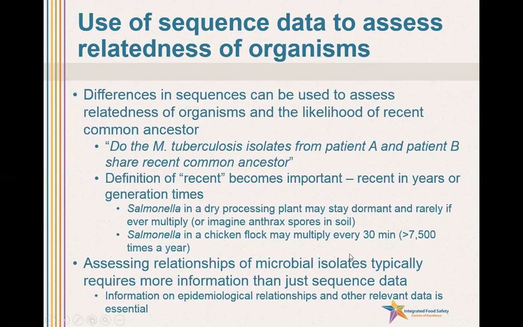So the bottom line here is that assessing relationships of microbial isolates typically requires more information than just sequence data. I gave you one example just a few seconds ago. Another one is, of course, that we need epidemiological data to identify relationships.